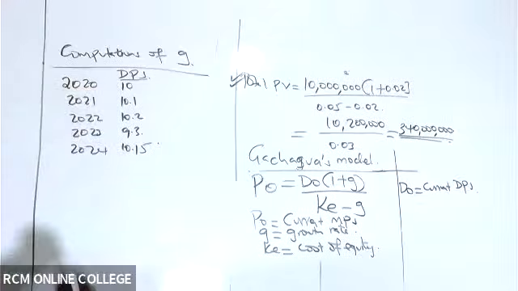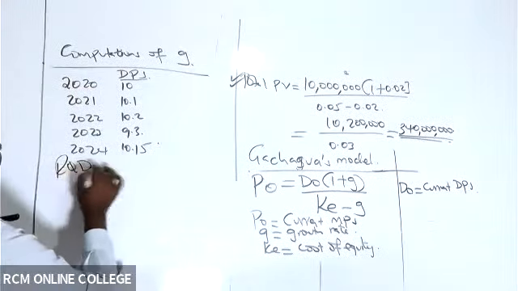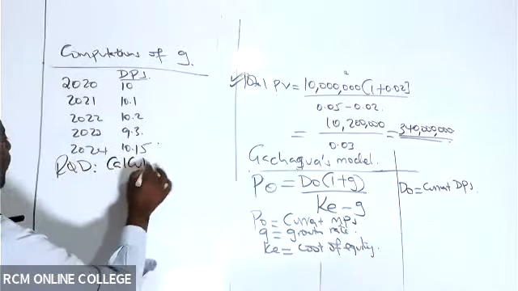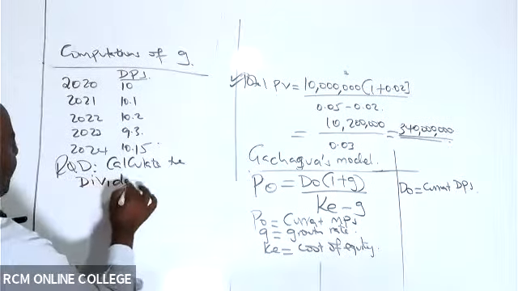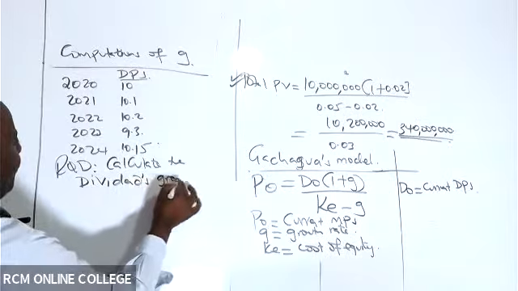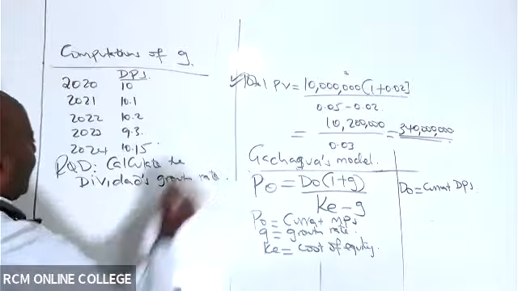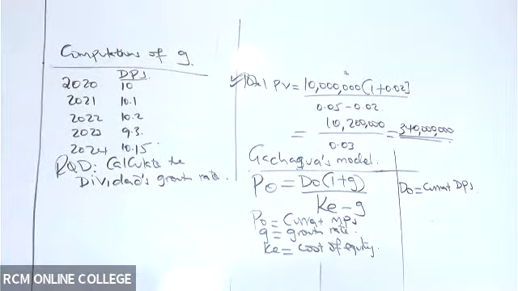So in this case, we are required to calculate G, the dividends growth rate.